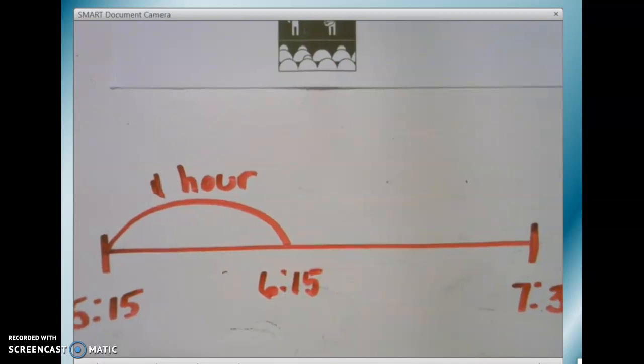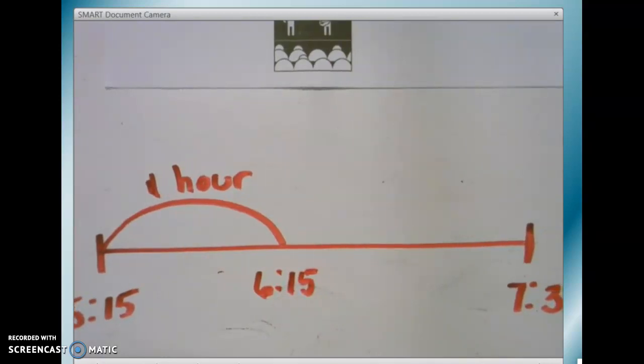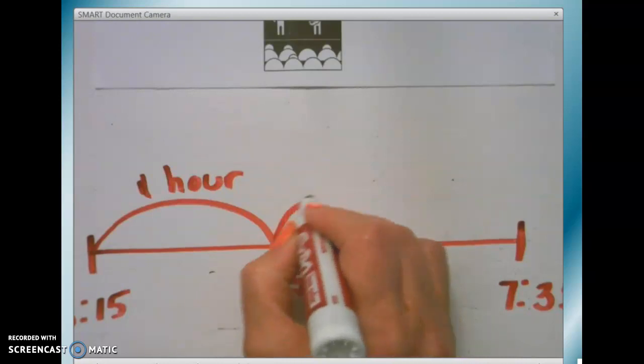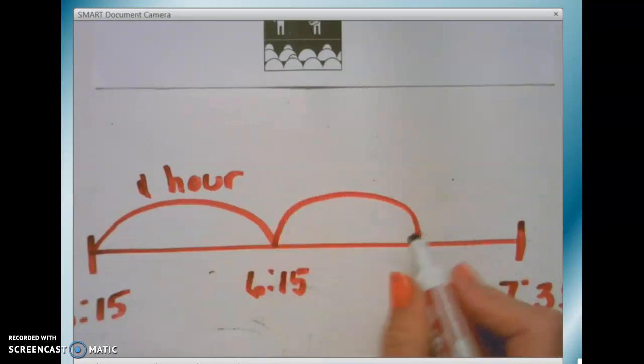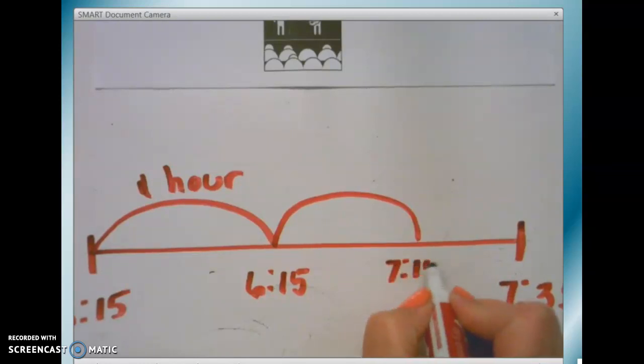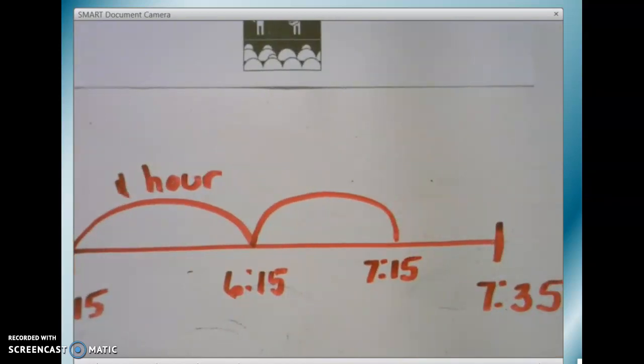Can I add on another hour before 7:35? You mean he's going to be 2 hours late? If I add on another hour, it is now what time? An hour after 6:15, it is now 7:15. We're trying to get to 7:35. So now, am I adding on another hour? 7:15, another hour would be 8:15. It's too much. Now we're at minutes.